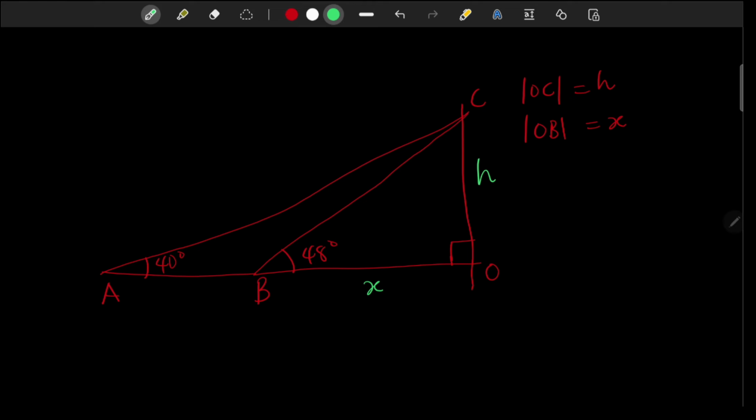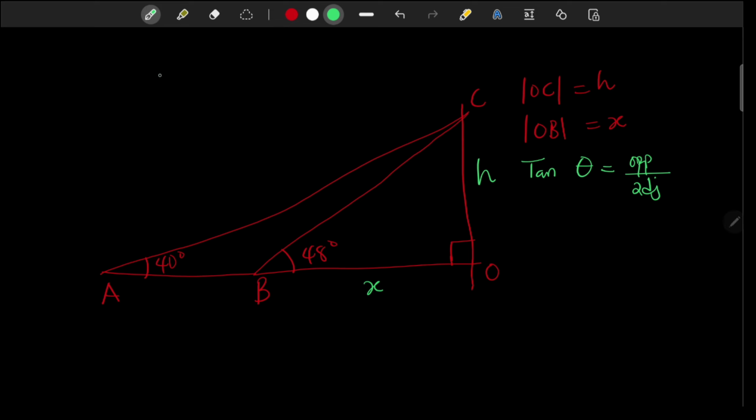Okay, so I could use the tangent. So tan theta, remember, is opposite over adjacent. If you look closely, we have two right angle triangles here.